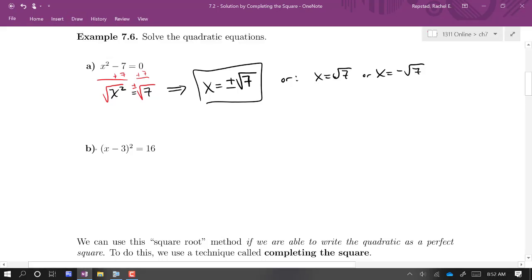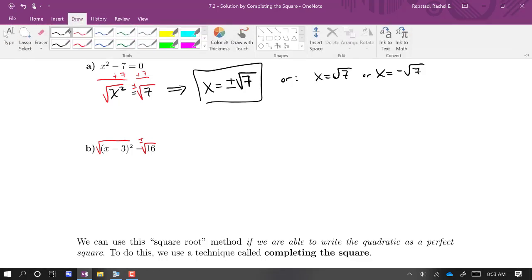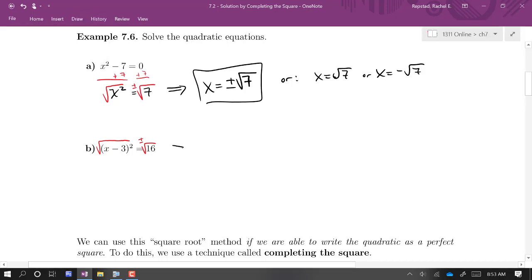Let's take the square root on both sides. I have to make sure on the right side that I'm taking both the positive and negative square root, that I consider both of those. So this gives us two equations that result from this. This gives us x minus 3 equals 4, or x minus 3 equals negative 4.